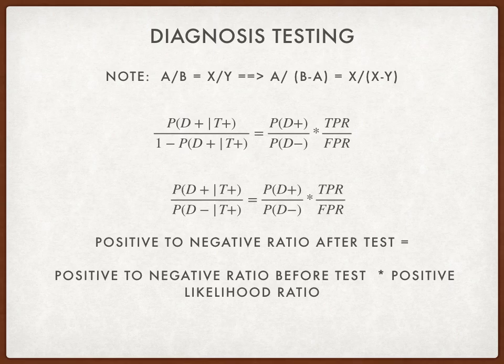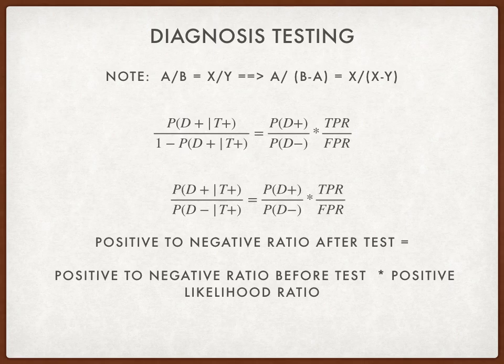The ratio of having it to not having it, right? If we multiply that by the true positive ratio over the false positive ratio, it gives us the same ratio post-testing, right? That's how the pre-testing ratio of having the condition over not having the condition relates to the same ratio after the test, having it over not having it.